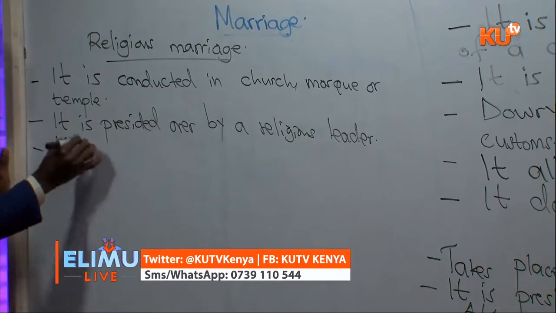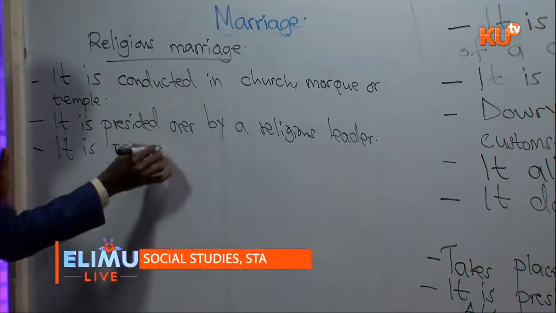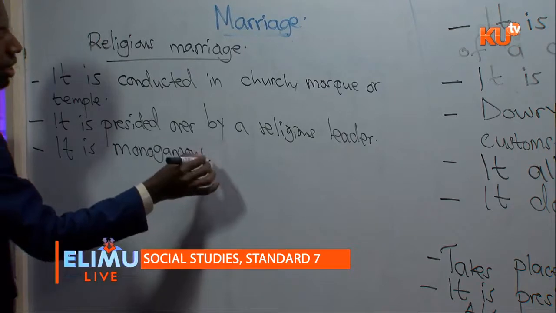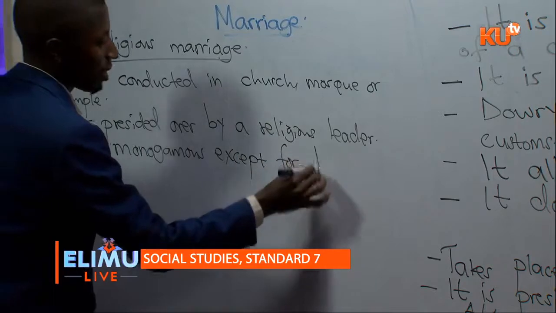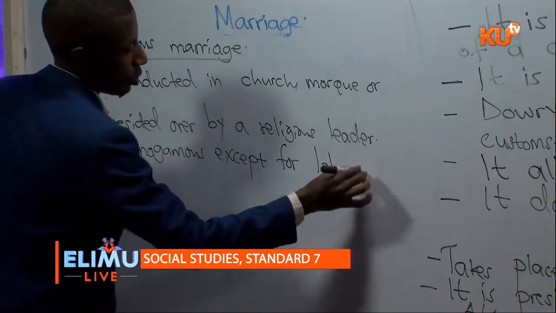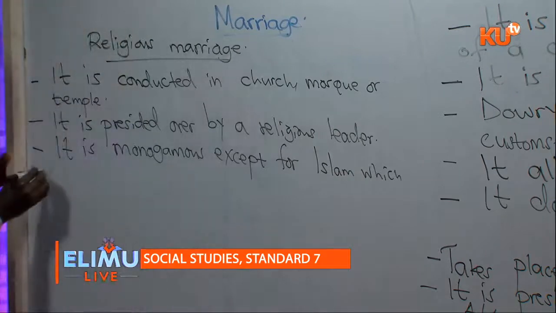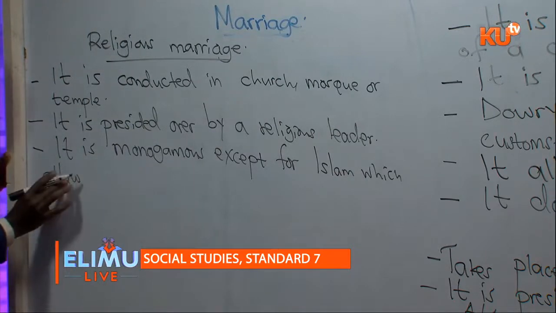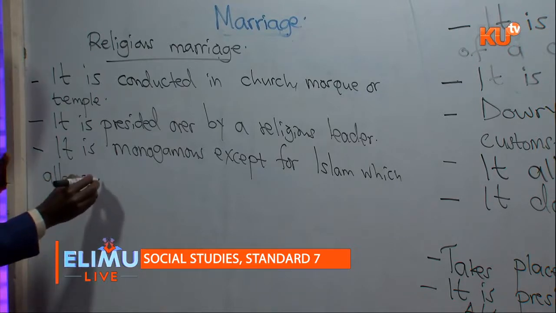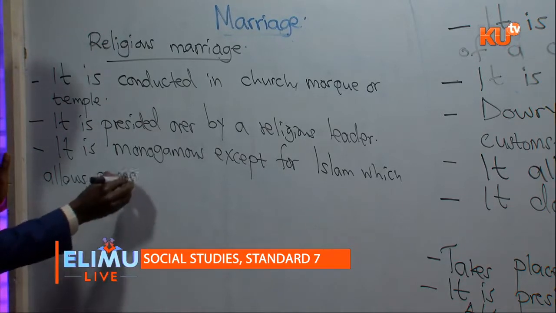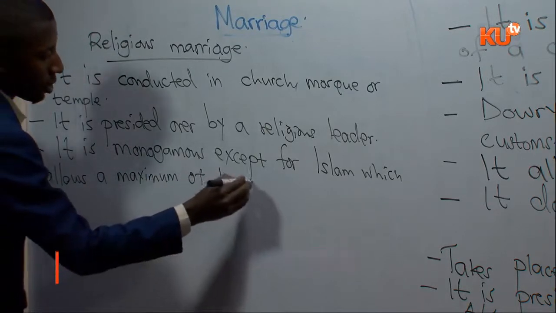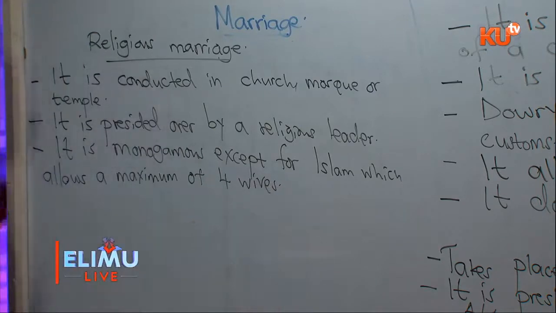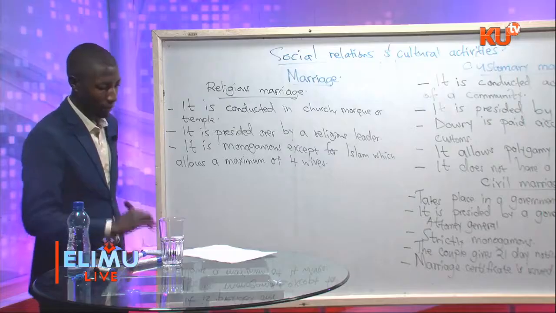It is strictly monogamous, except for Islam, which allows a maximum of 4 wives.